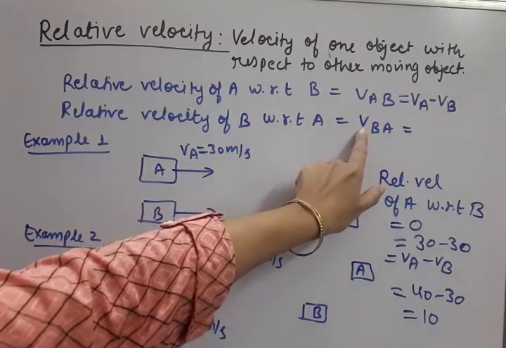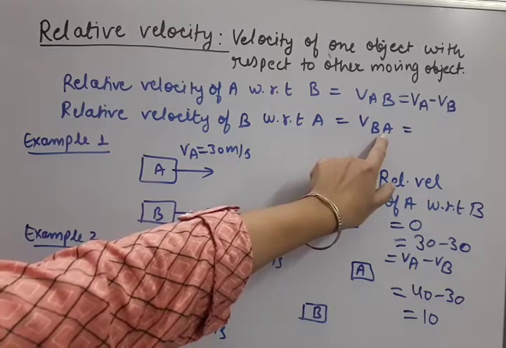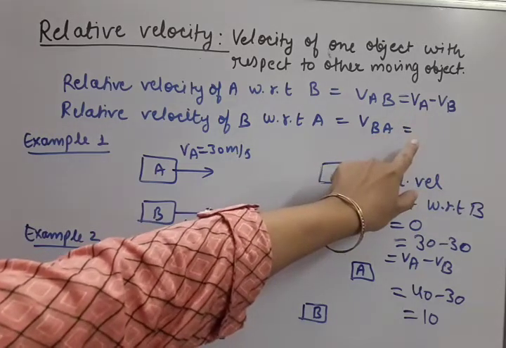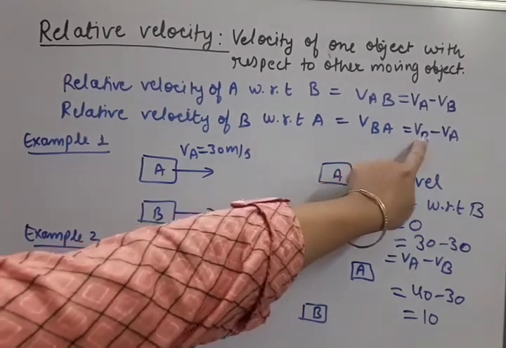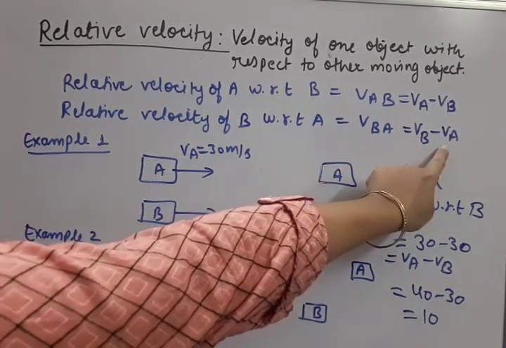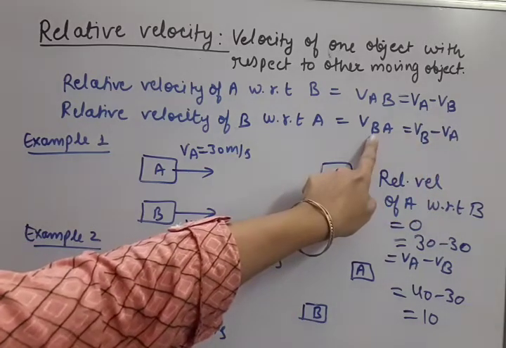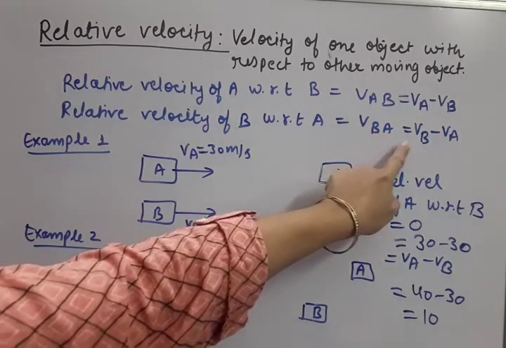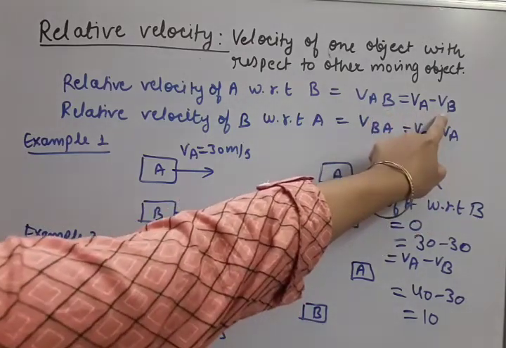Then suppose relative speed of B with respect to A is asked, what should be the change? Now the change is VB minus VA should appear. Sequence is important. Sequence you cannot change. So it's very simple. If VBA is asked, VB minus VA. If VAB is asked, VA minus VB.